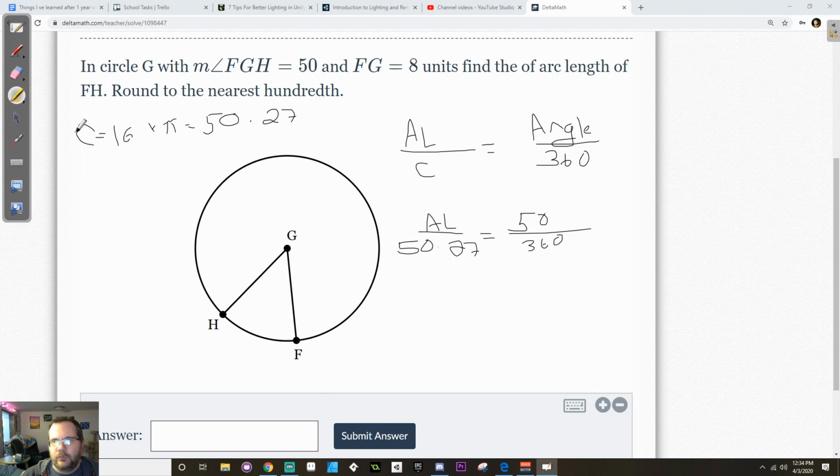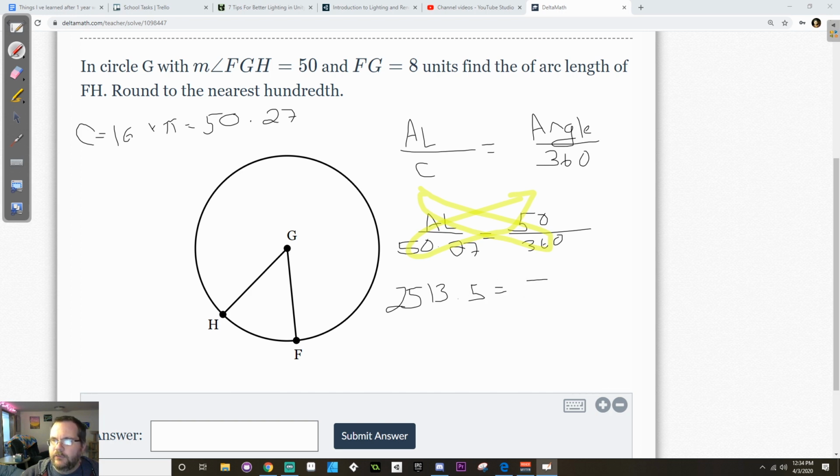Now from here, if I cross multiply, first I'll do 50.27 times 50. 50.27 times 50 is 2,513.5.